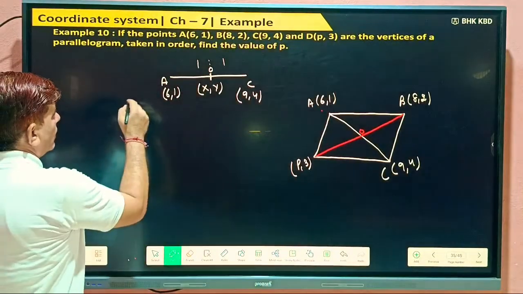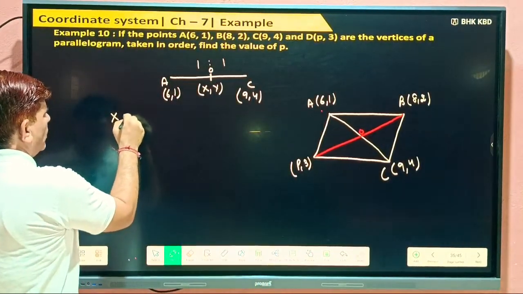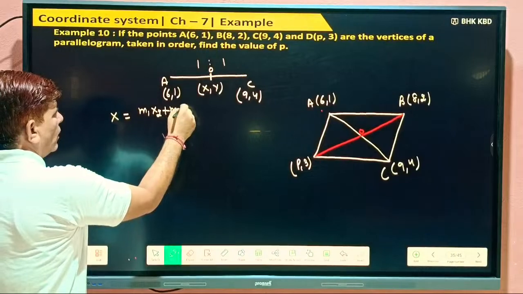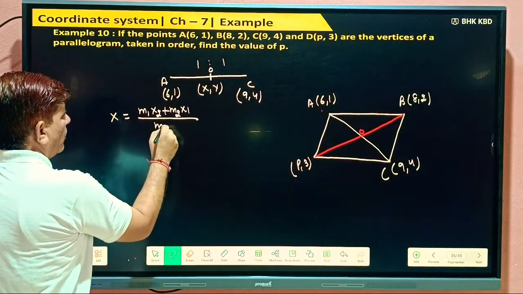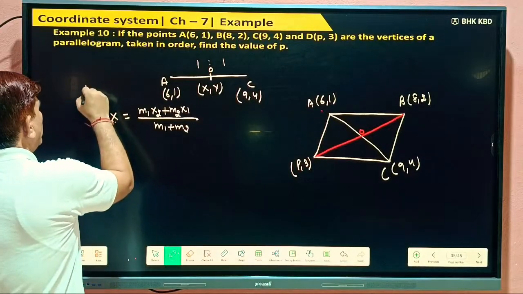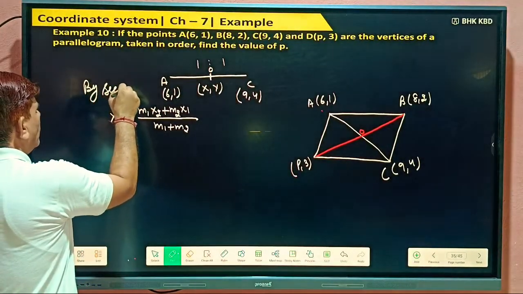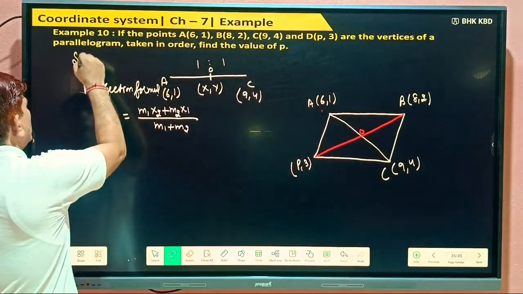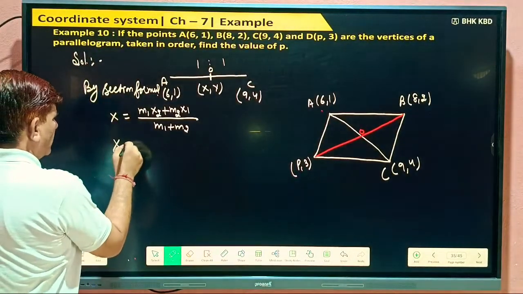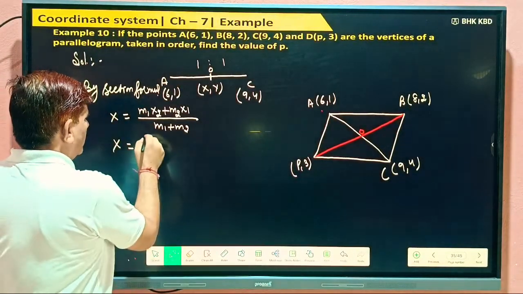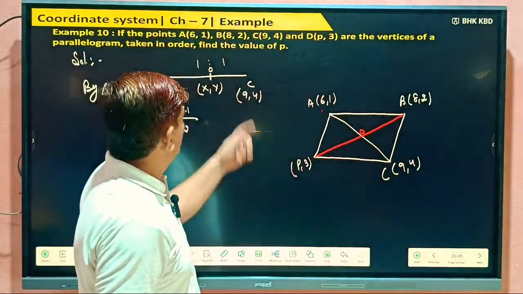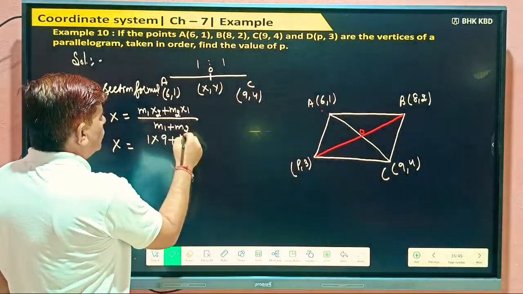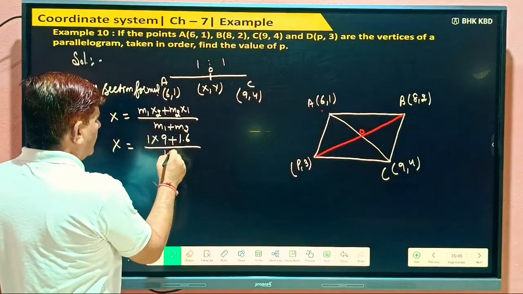So first we will find these, and then we can calculate easily. X equals m1 x2 plus m2 x1 by m1 plus m2, by the section formula. So X equals 1 into 9 plus 1 into 6 by 1 plus 1.